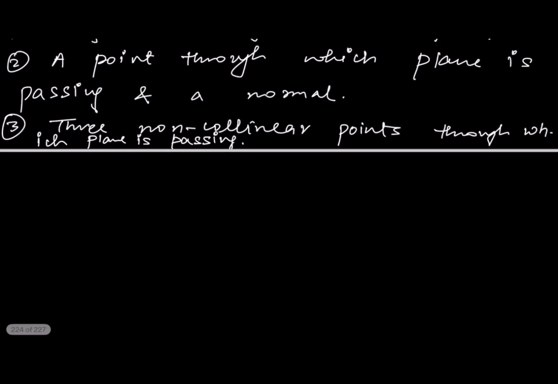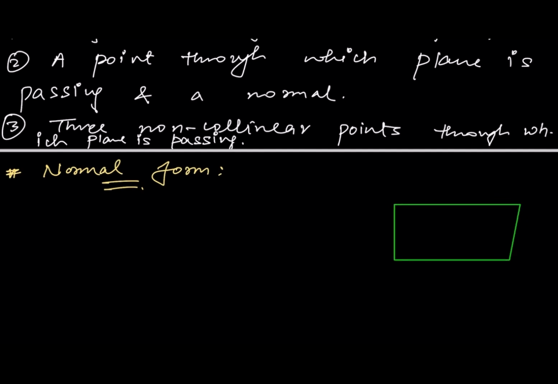So make the heading normal form. So let us draw the figure first. Let's say this is a plane, a quadrilateral representing the plane, and an origin O is here, and this is point P having position vector r, and say this is point N, joining O and P by segment OP, right?